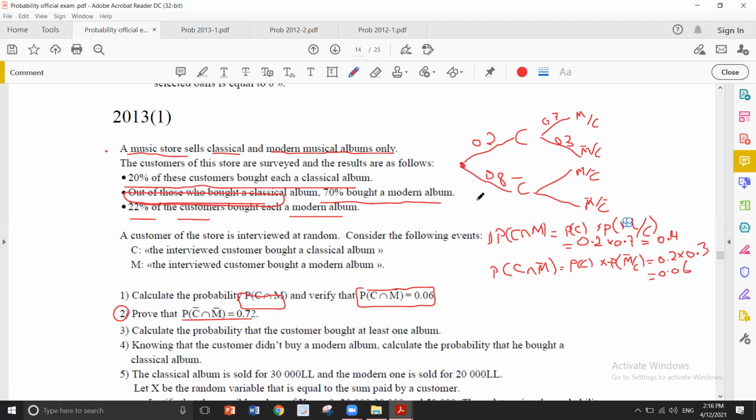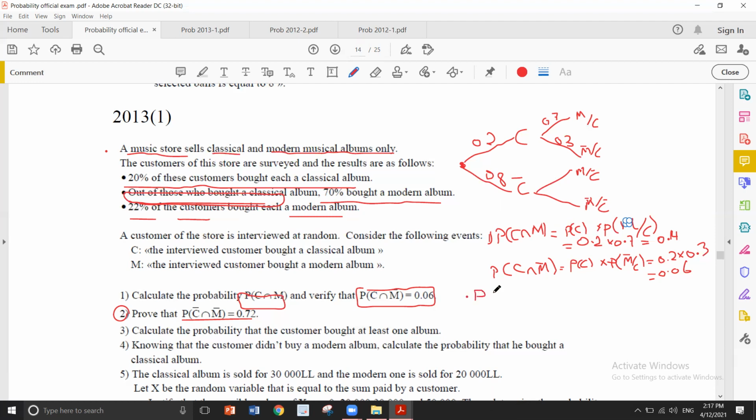How do we use this 0.3? Here it stays as M bar over C. So I use the rule of total probability.